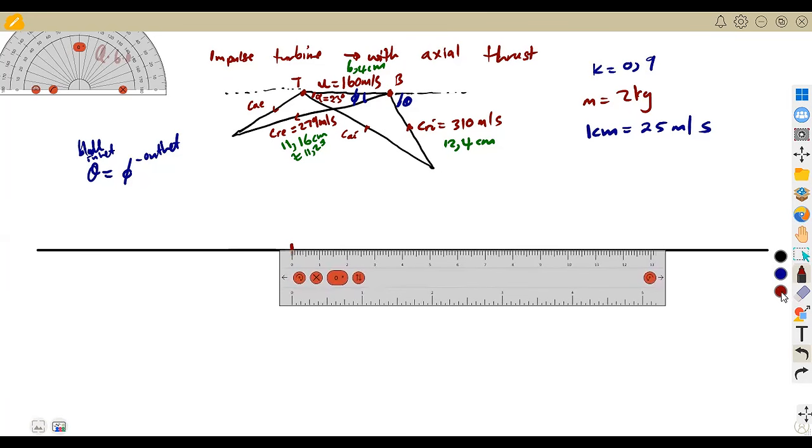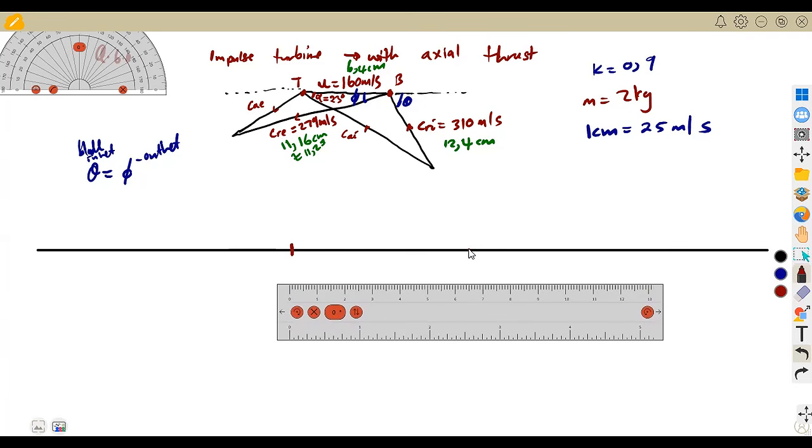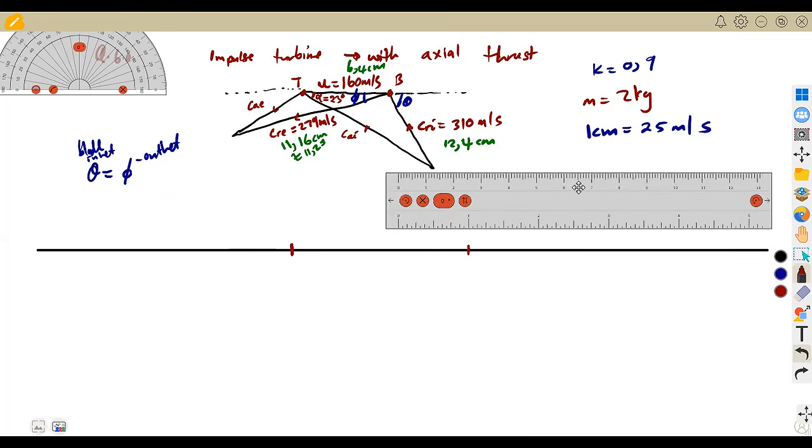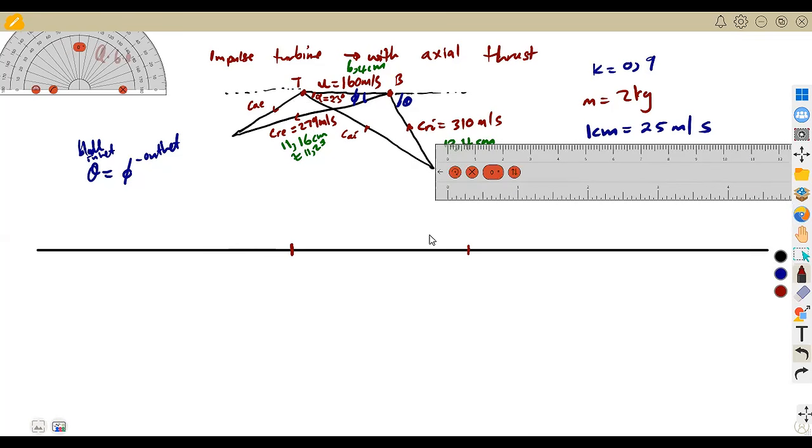This is 6.5, so 6.4 is just slightly here. From this point to this point of the blade, we have our U, which is 160 meters per second, and this line is 6.4 centimeters.